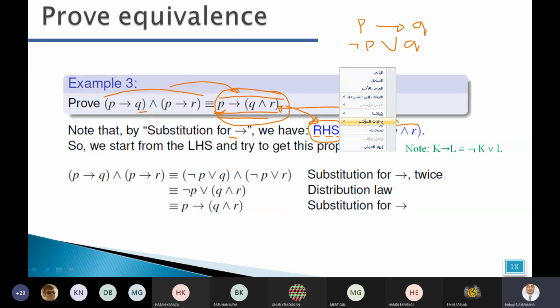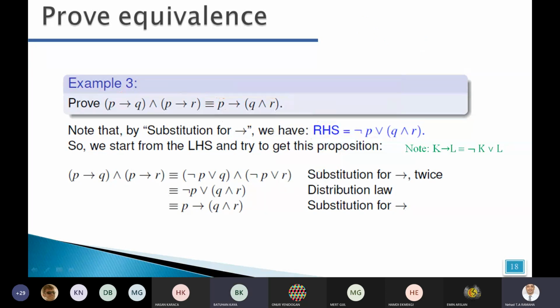Here I know some students will have some confusion, because we have here Q and R. Consider it, for example, L. P implies L is equivalent to not P or L. Now remove L from here.